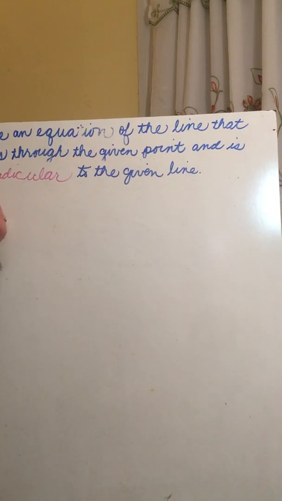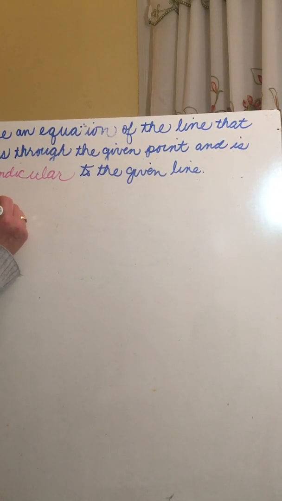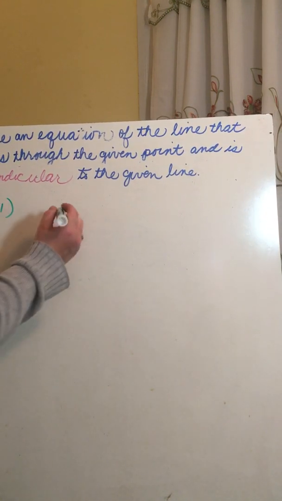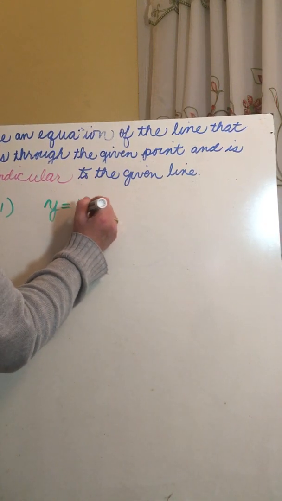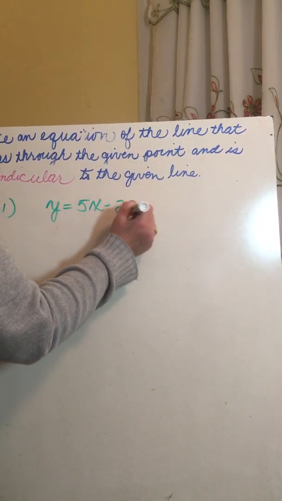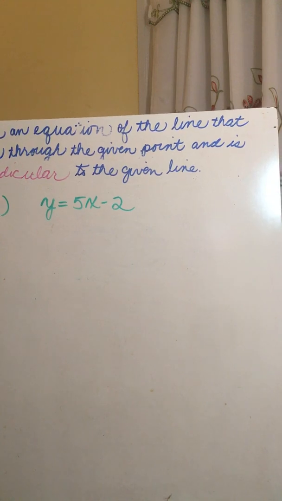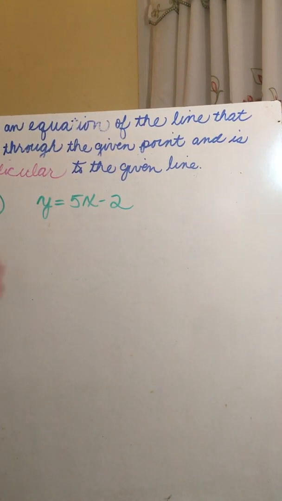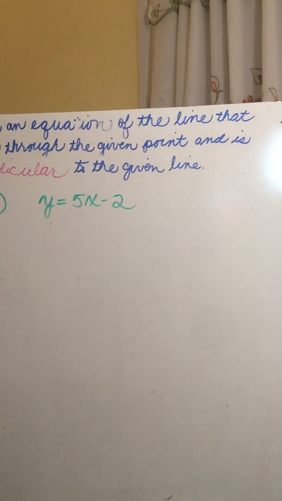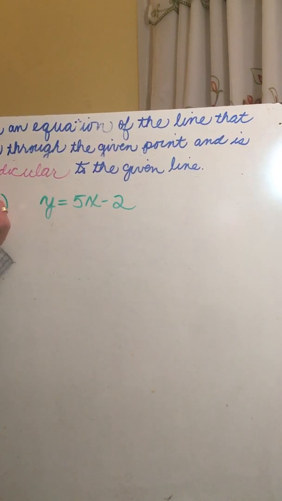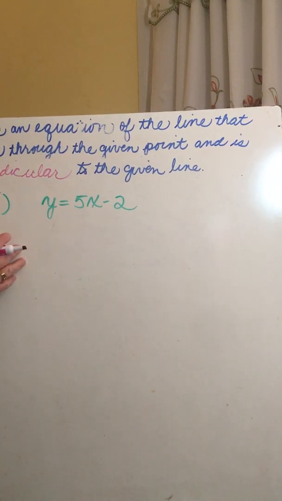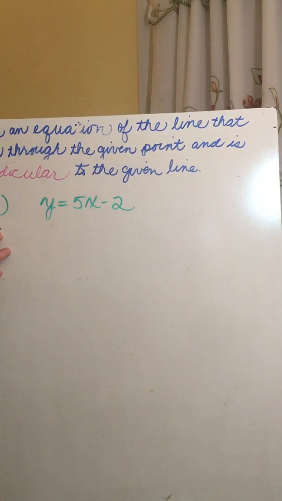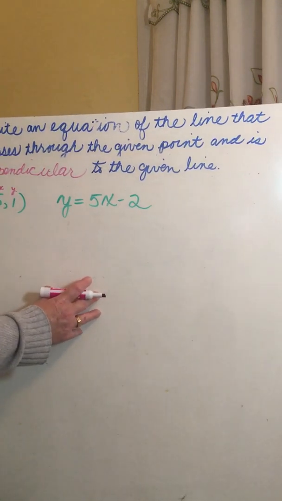And so what we're working with here now is the point 5, 1, and we're looking at the equation y equals 5x minus 2. And just like before, we have our ordered pair, we have our x and our y. We're going to identify the slope that we need for the line that's perpendicular, and then we will solve for b and have our equation.